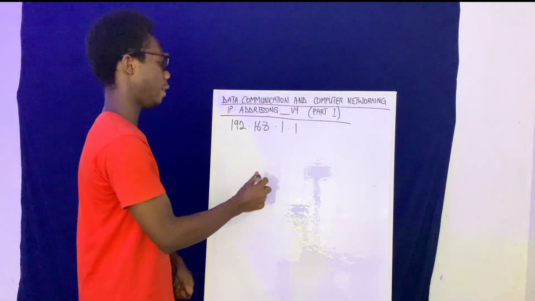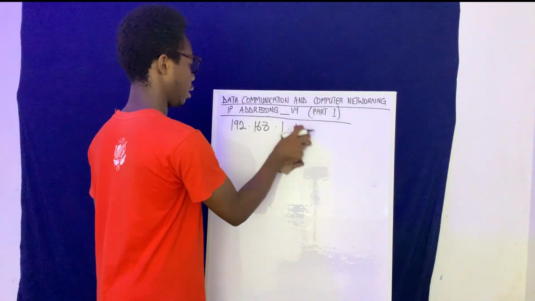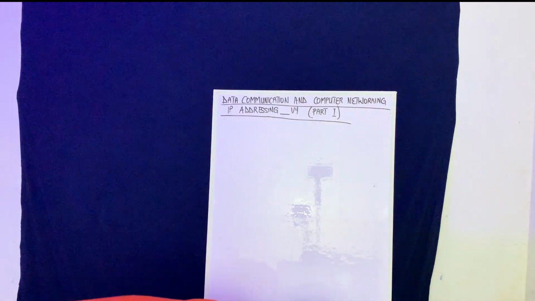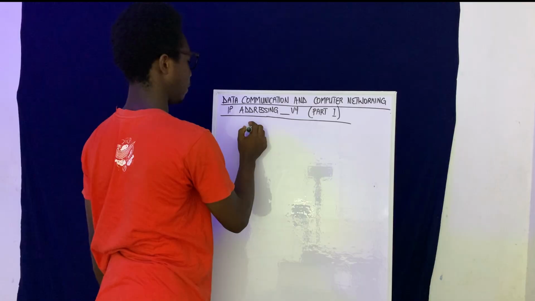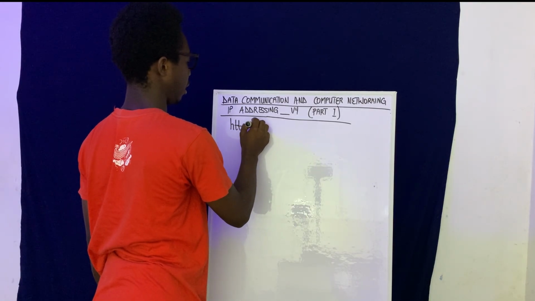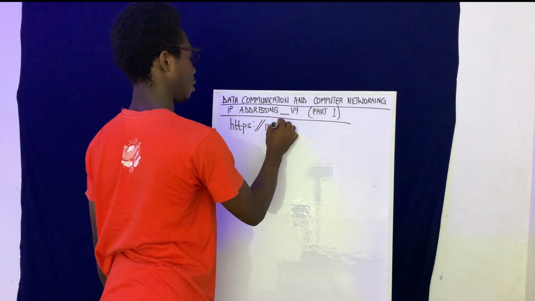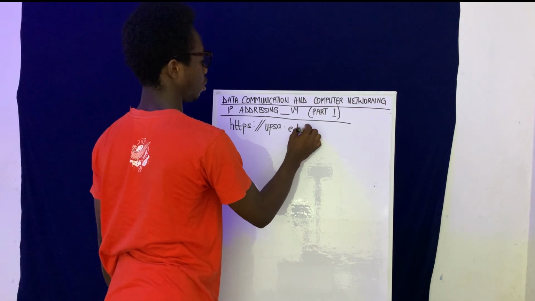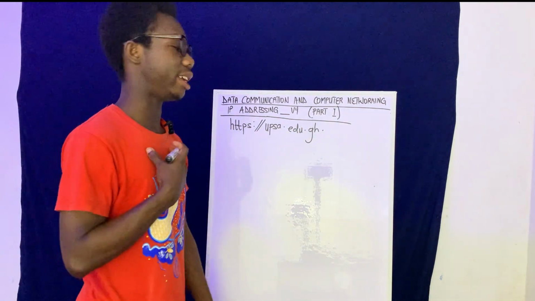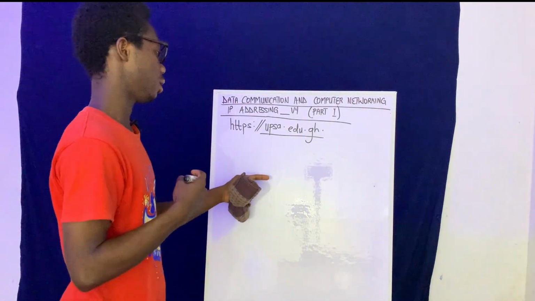Now, this IP address provides the location of the device. So let's say, for instance, https://upsa.edu.gh. Now, this is what we search.